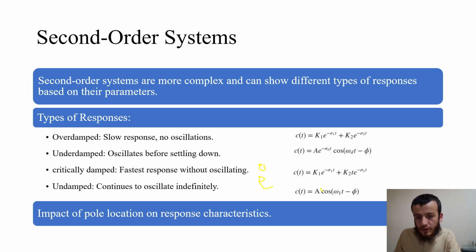It means nothing affects. In the real part we have 0, so our exponential part will become 1. The sinusoid part of the natural response will become like this, by calculation using mathematics.